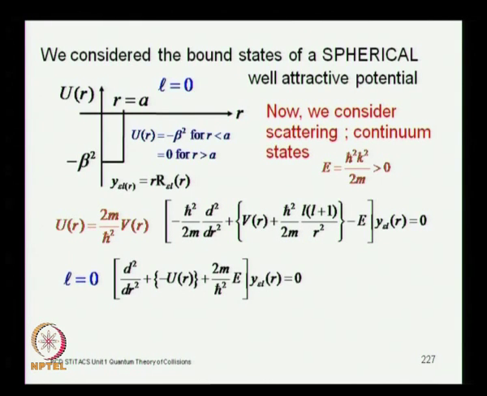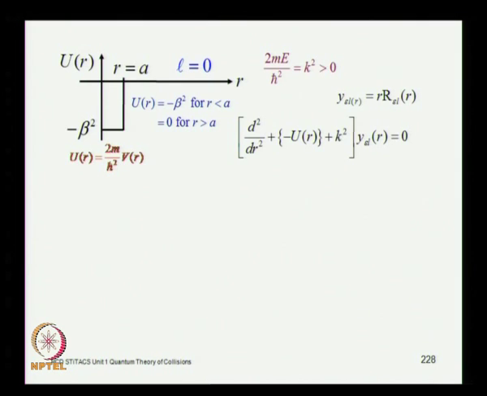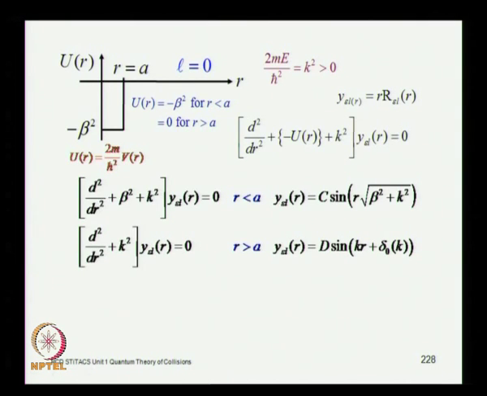Once again we consider L equal to 0, and for continuum states the energy goes as k square, and for this the solutions are different for r less than a and for r greater than a. For r less than a you have got sinusoidal solutions, and for r greater than a you do not have exponentially damped solutions anymore, because these are continuum solutions, these are not bound, so they are oscillatory.